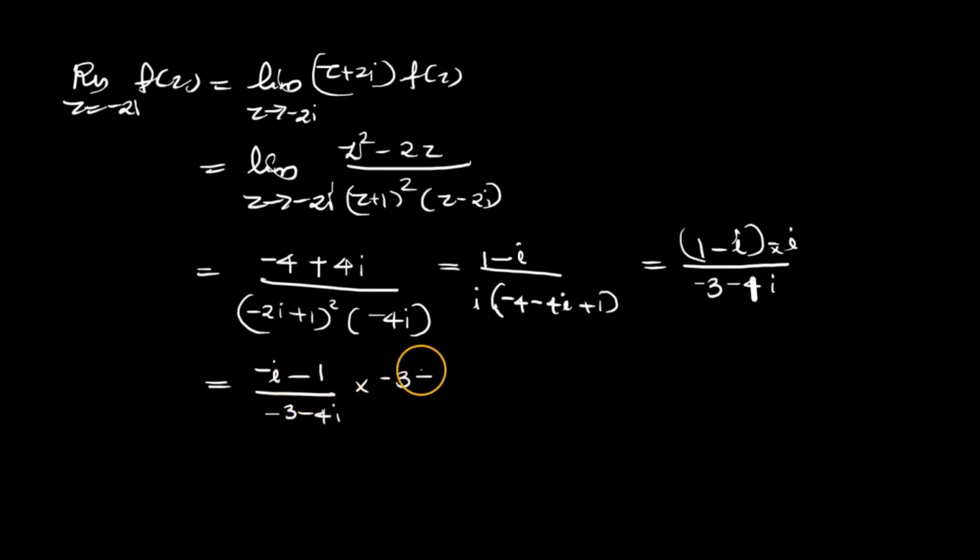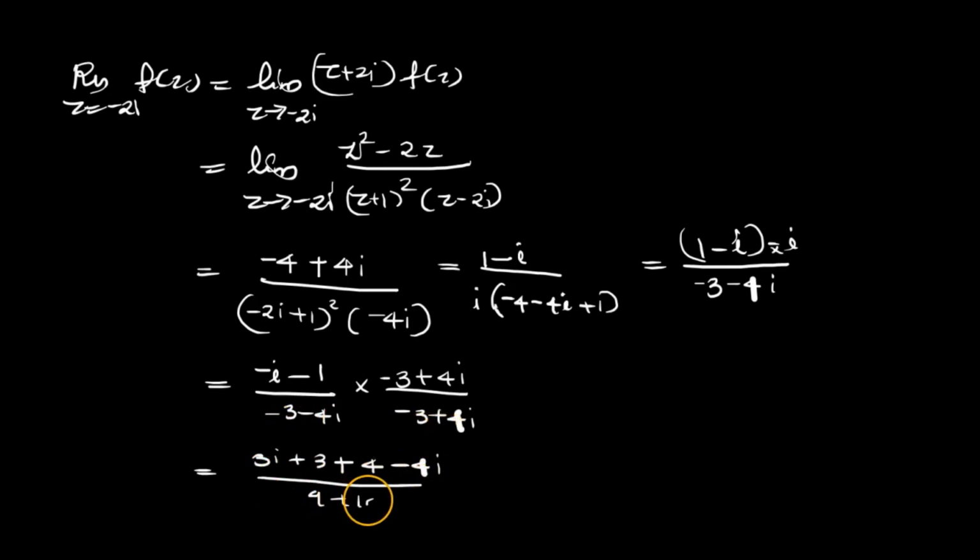Multiply it with minus 3 plus 4i divided by minus 3 plus 4i. Multiplying the numerator, minus i into minus 3 is 3i, plus 3, and minus 4 i square is minus 1, so plus 4, and minus 4i. The denominator is (a plus b) into (a minus b), 9 plus 16. So we get minus i plus 7 divided by 25.